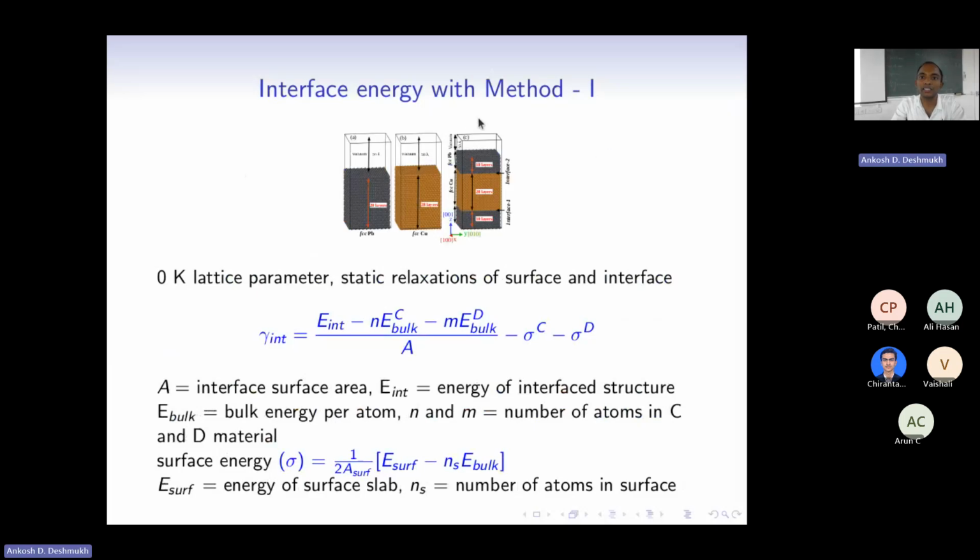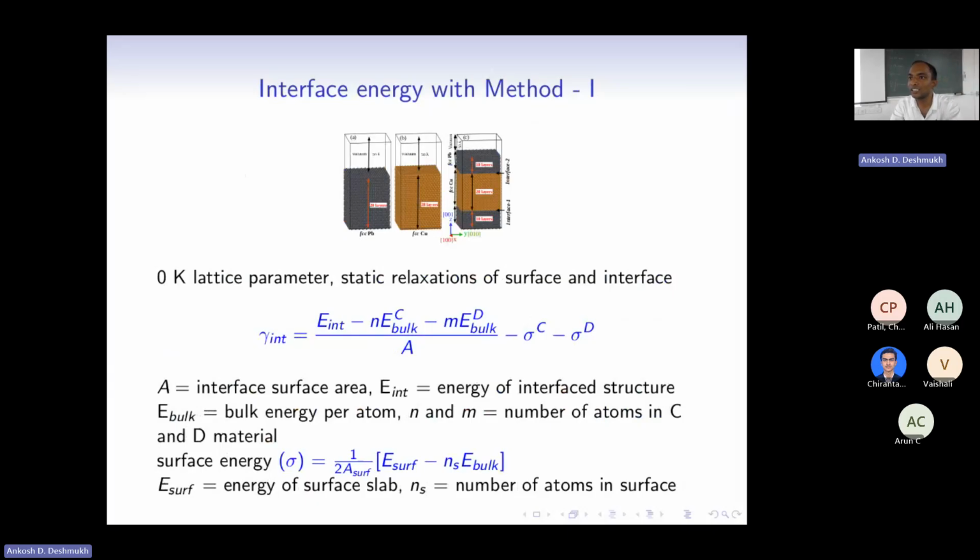So we will see the first method, which is the static calculation. To calculate the interfacial energy, we use a formula where E interfacial is the total energy of the interface system, which here is the potential energy, and E bulk is the total energy of each bulk material.